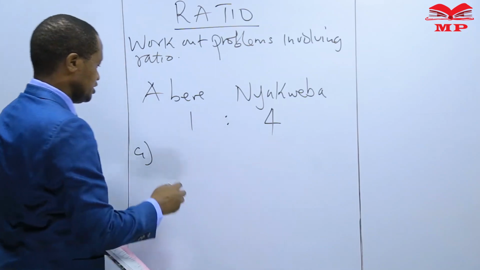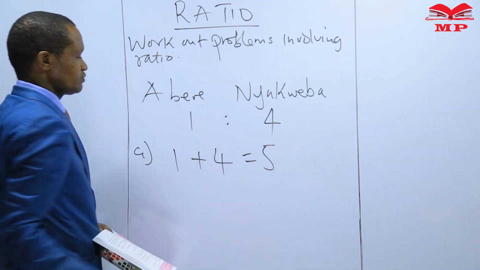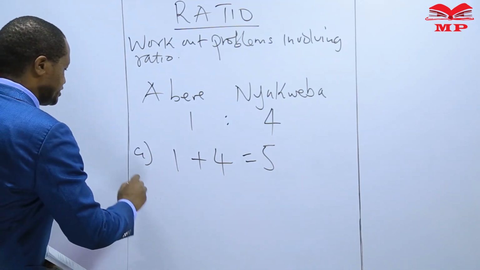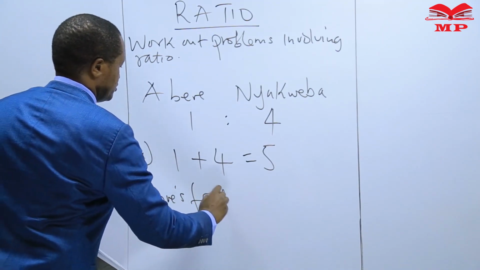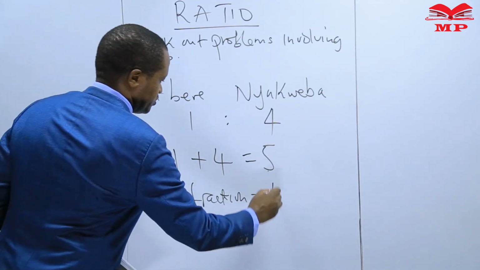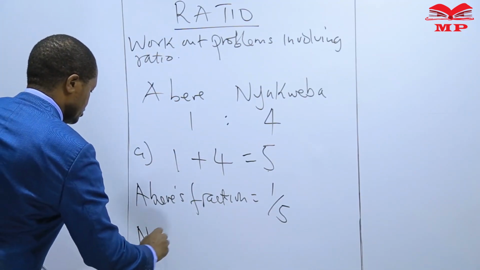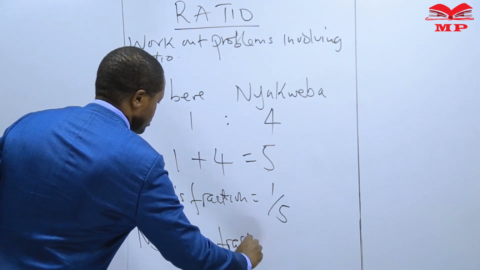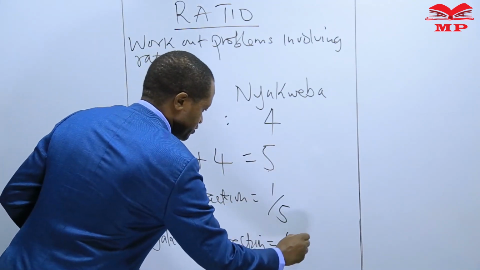So the total here will be 1 plus 4, which is equal to 5. So the fraction that Abere got, Abere's fraction, will be equal to 1/5, and Nyakweba's fraction will be equal to 4/5.